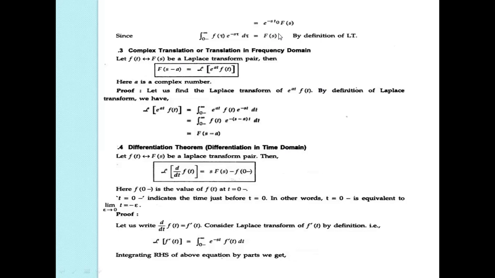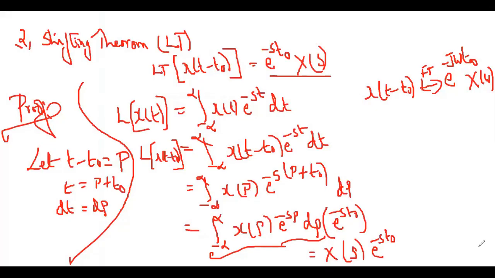Okay, now see the third property: translation in the frequency, or shifting in the frequency domain. As a statement, it says the Laplace transformation of e power a t into x of t.